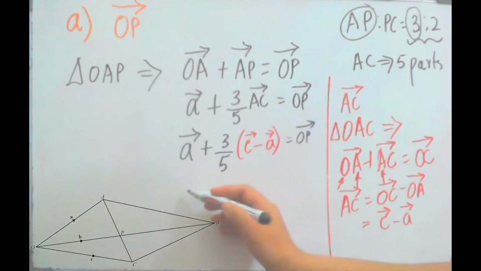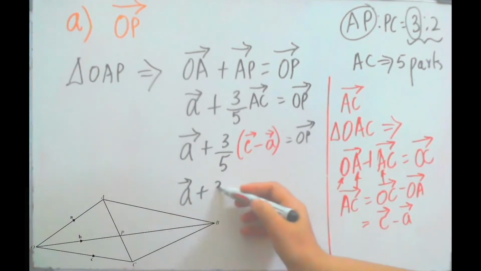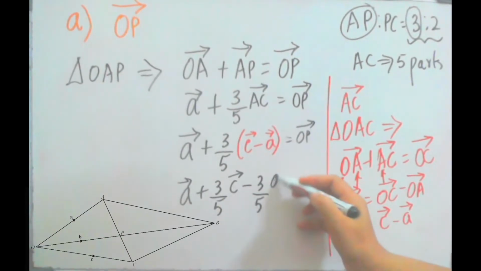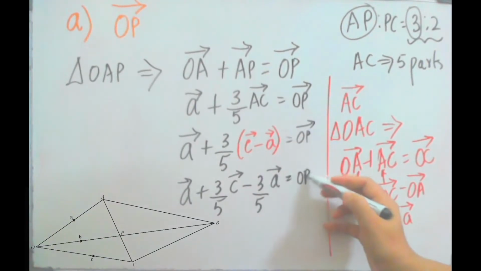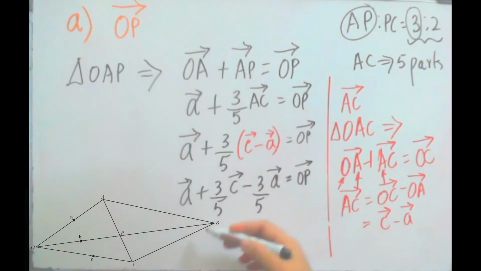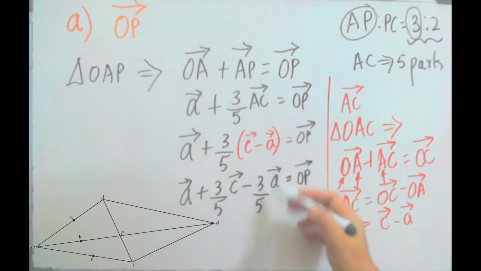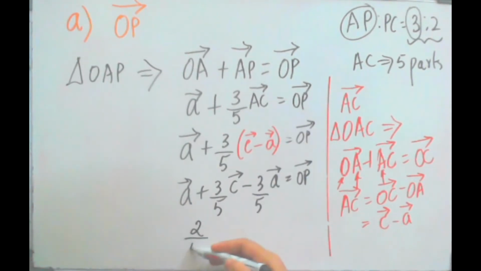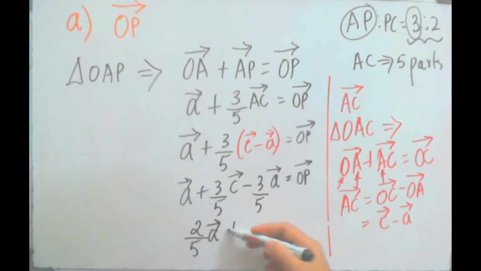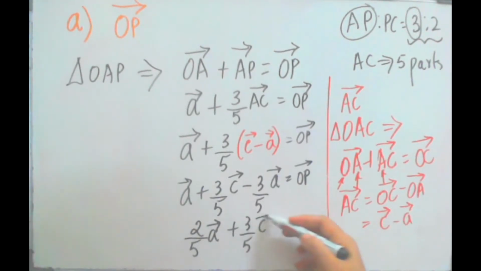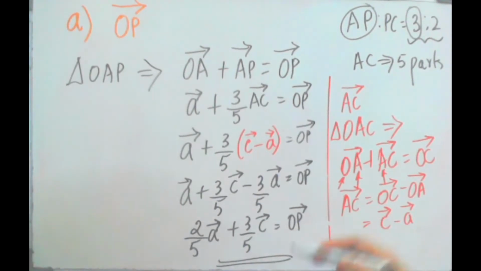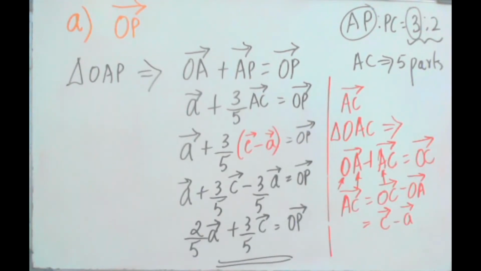Simplifying, we get vector A plus 3 over 5 vector C minus 3 over 5 vector A. Now we can combine the two vectors A and 3 over 5 A. So it is 1 minus 3 over 5, we get 2 over 5 A plus 3 over 5 C is OP. So this is the answer for part A, that is, write OP in terms of A and C.